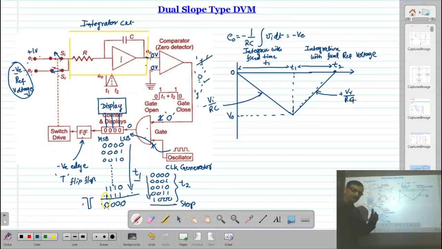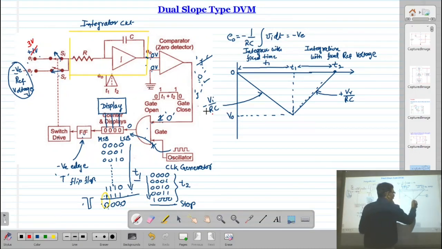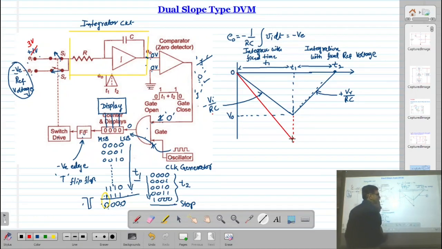Now suppose your input voltage is positive here. Instead of 1 volt, if my input voltage is 3 volt, then as already mentioned, if the input voltage is large, then the slope Vi by Rc will also be large, and for a fixed time period, if you integrate, then your output voltage will be this.